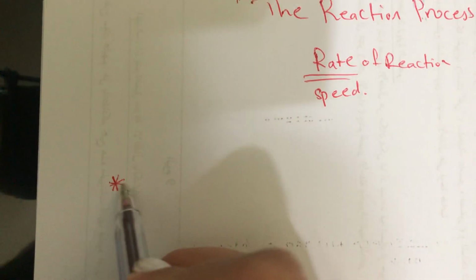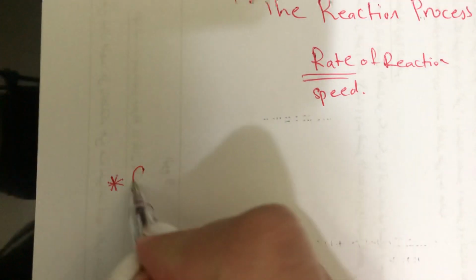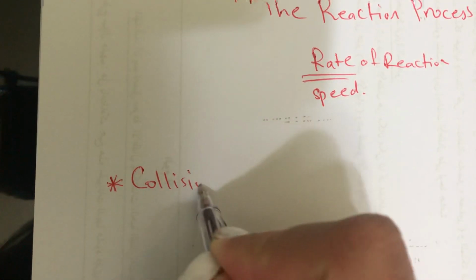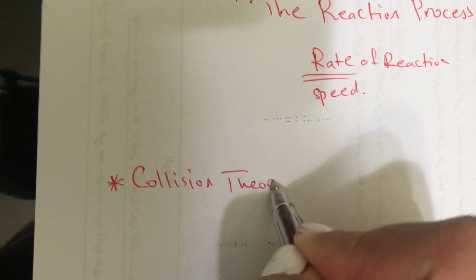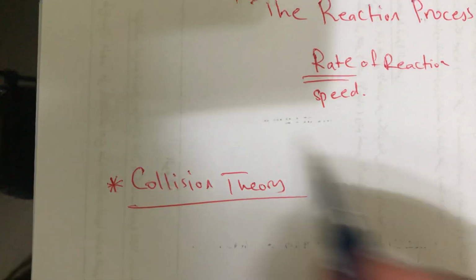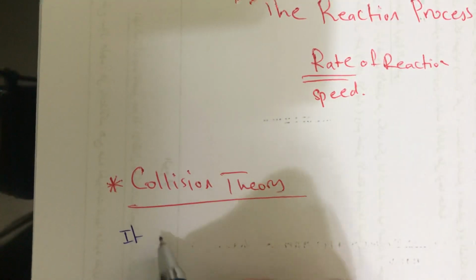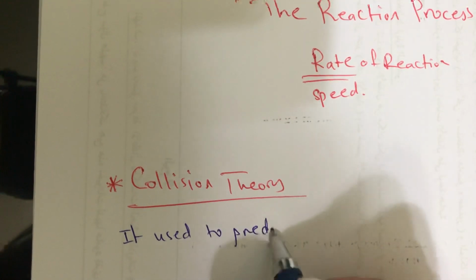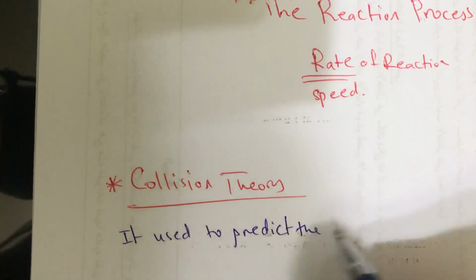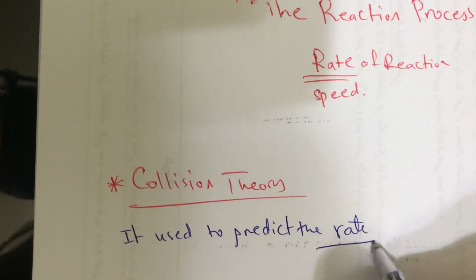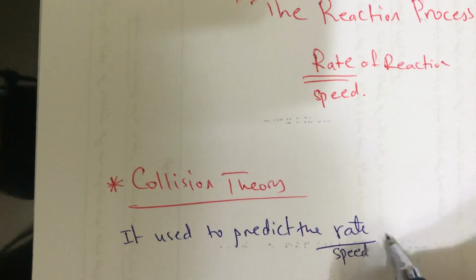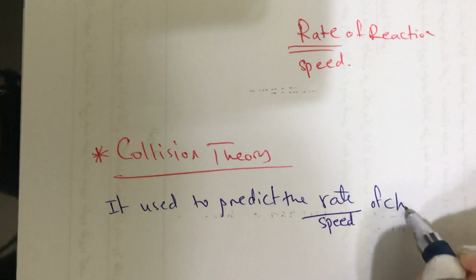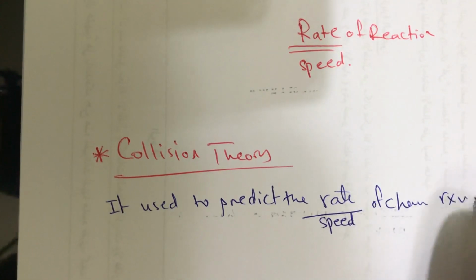First we will talk about the collision theory. This theory is used to predict the rate, and again, rate means speed, of chemical reactions.